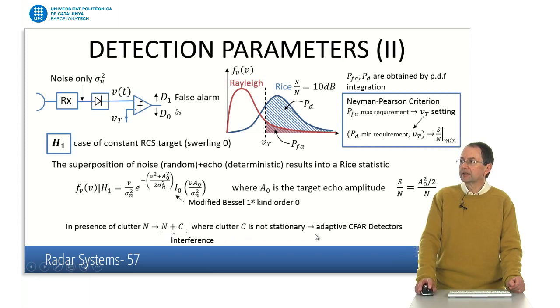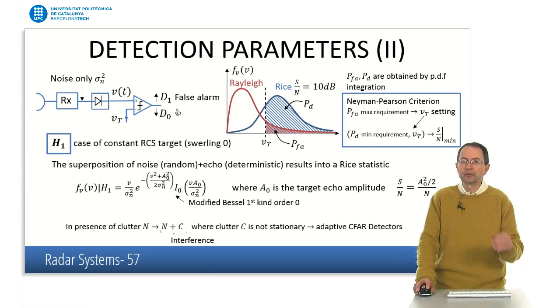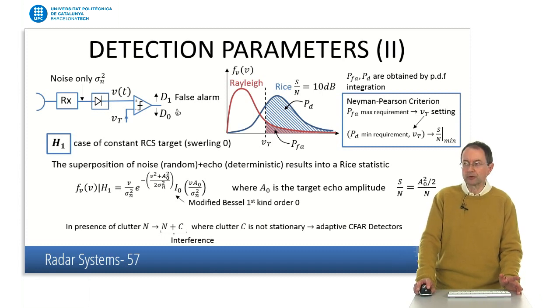In this case, a constant threshold level would not be appropriate, and we have to modify the detector to be adaptive to the level of interference. We are going to see this in the CFAR detector part of this course.